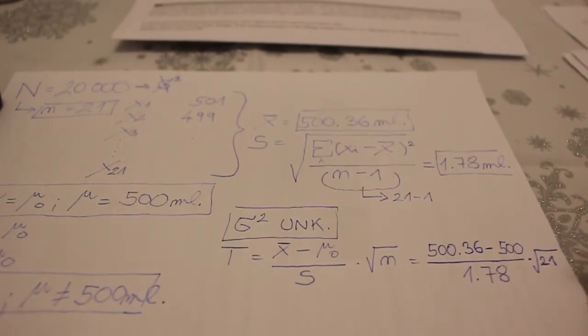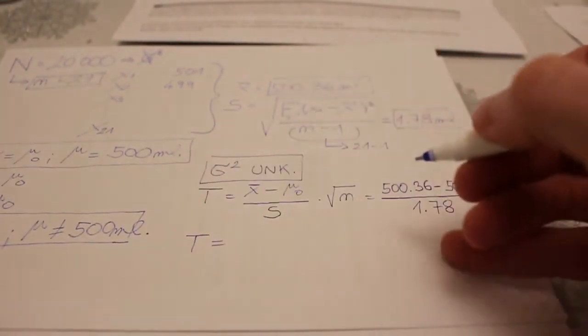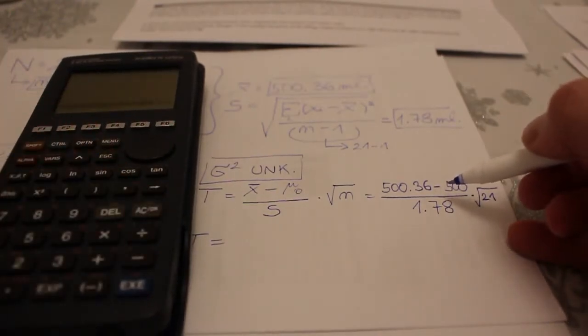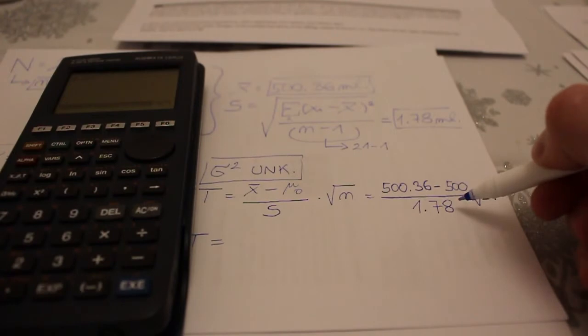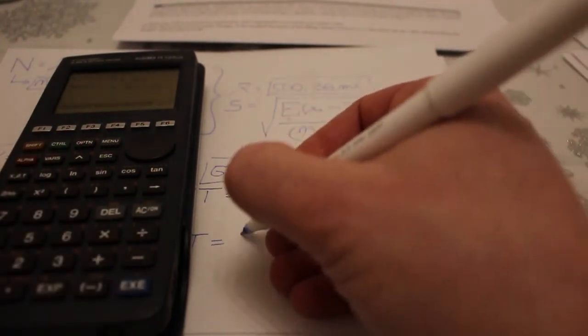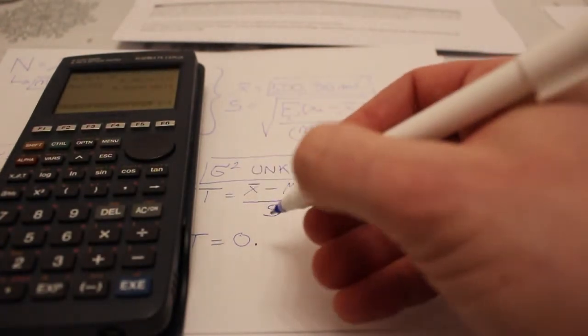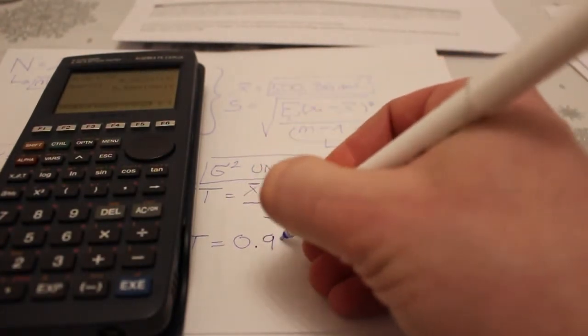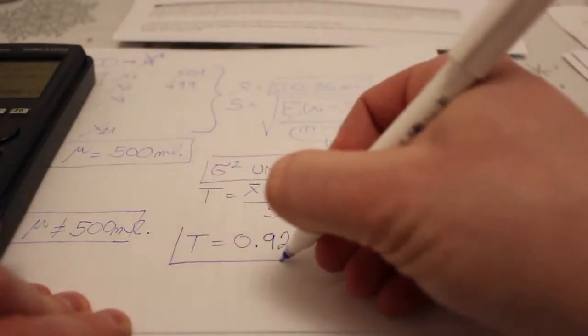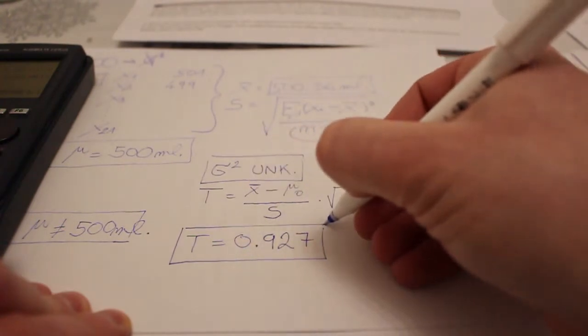So this is the test statistic, and now I will write t is equal to 0.36 divided by 1.78 times the square root of 21, and the result is 0.927. So this is the value of the Student t-statistic.